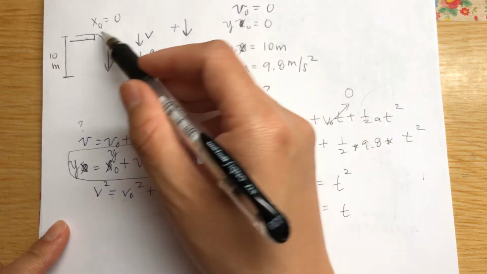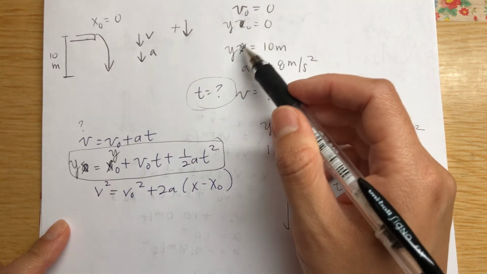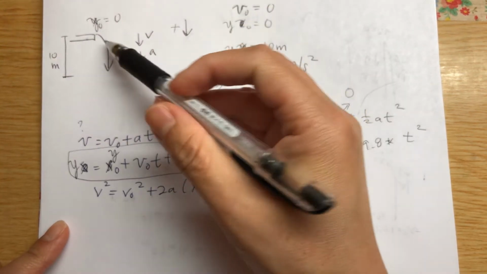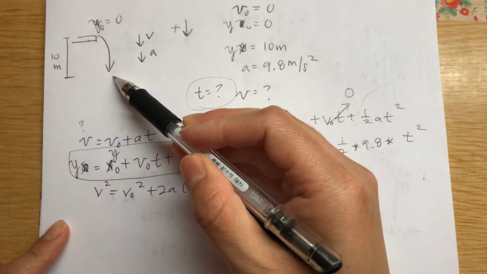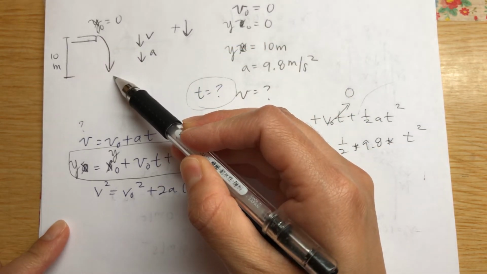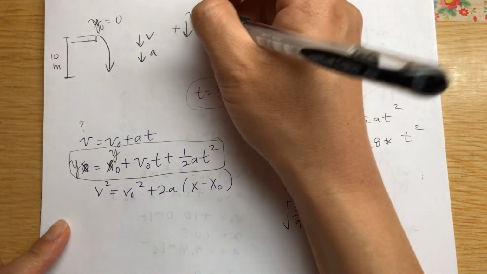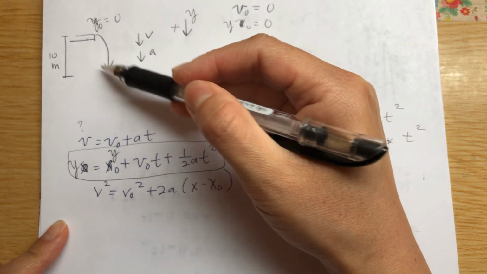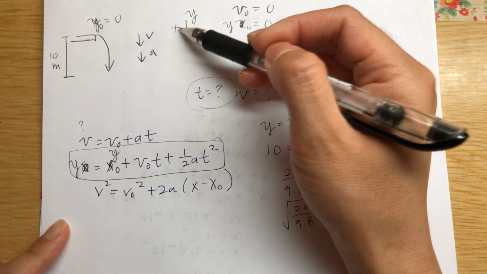At the top, there's no speed, so v naught equals 0. We're going to make the top y naught, that's where he starts, and this is where he ends. I'm choosing that the y direction goes along the path of the motion, so I'm making the y direction positive.